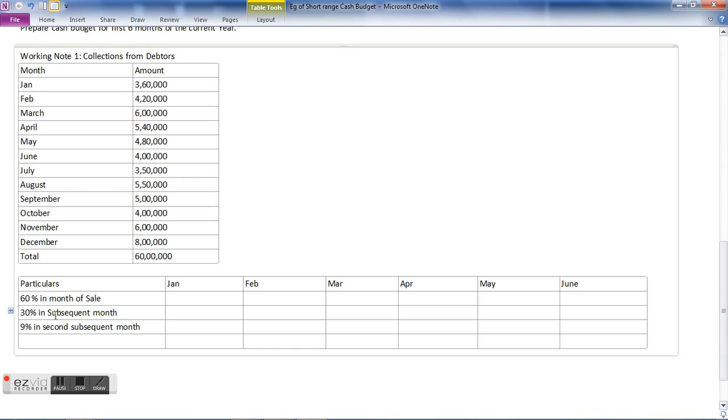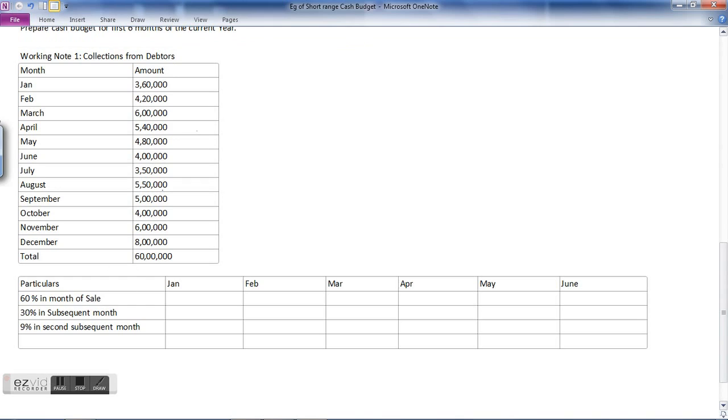Then 30% of Jan sales will be collected in the subsequent month, Feb. And 9% of Jan sale will be collected in the second subsequent month, March.